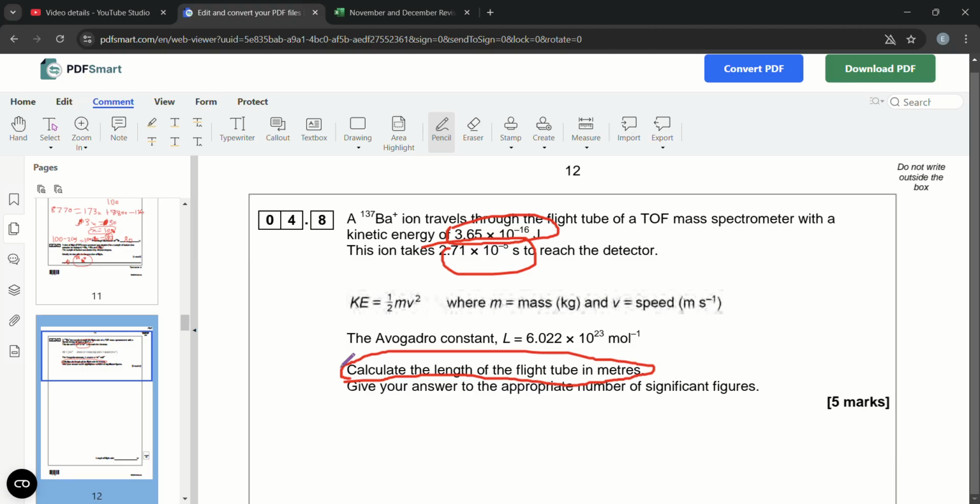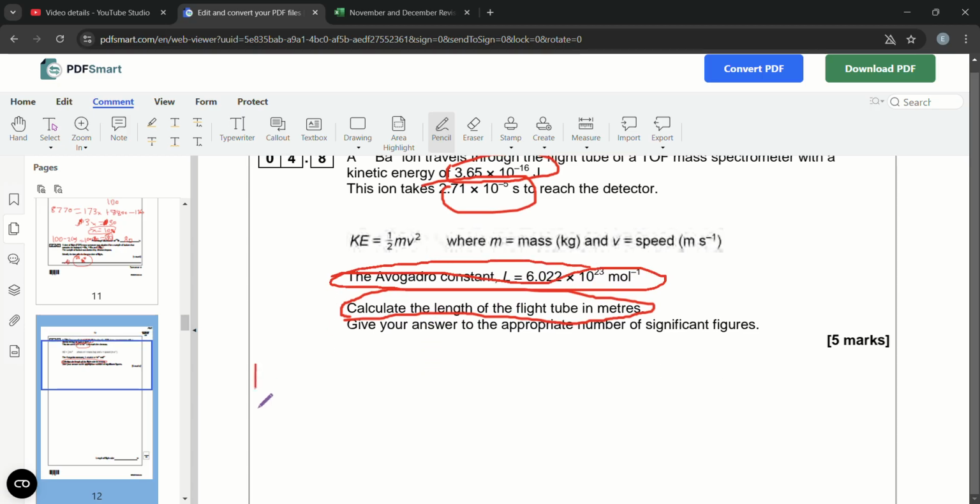We need to find the mass. That's why they gave us Avogadro's constant. Because we're trying to find the mass.